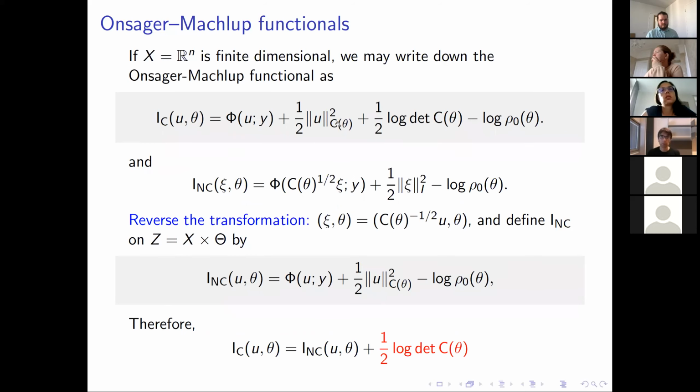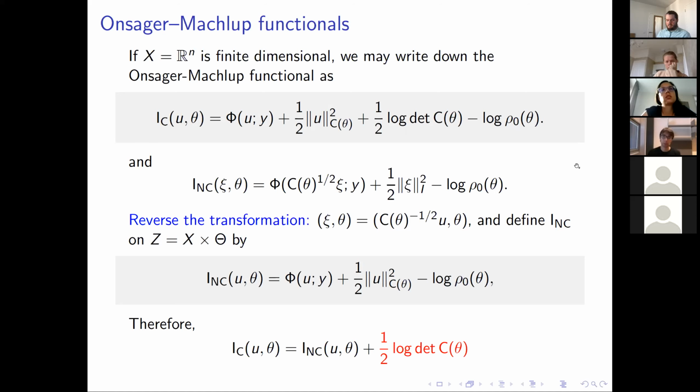We have the cost functional here, and then a term coming from the prior, and then due to the hyperparameter we get this log term, because the normalization of the prior now depends on our hierarchical parameter, so you get this log determinant term, and then there's also the density of the hyperparameter.